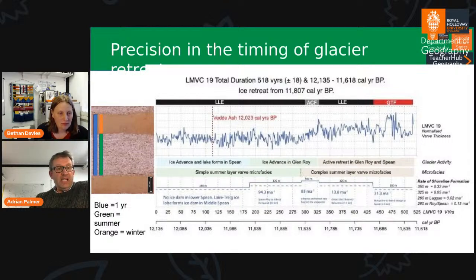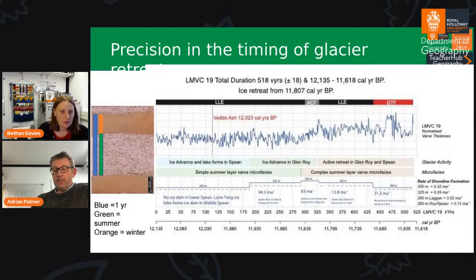It was during a particularly cold period that lasted for about 1,000 to 1,200 years in duration. The temperature depressions were sufficient to enable glaciers to regrow on the Scottish mainland and also in other parts of the UK. This is what you might know as the Younger Dryas, or perhaps the Loch Lomond Stadial.